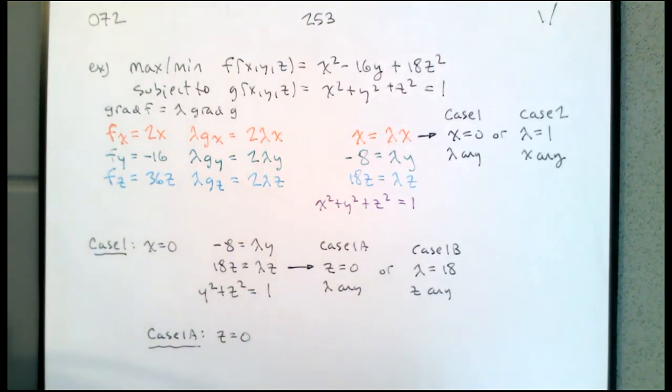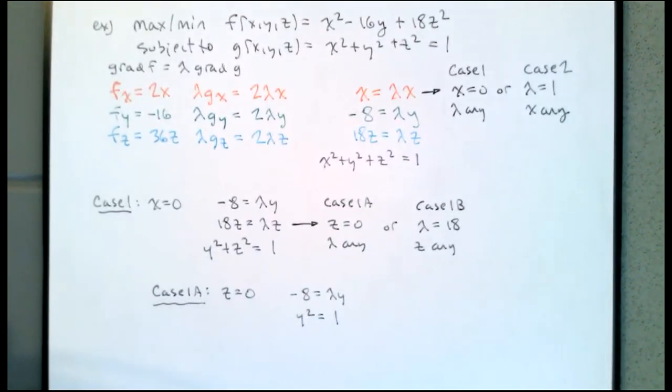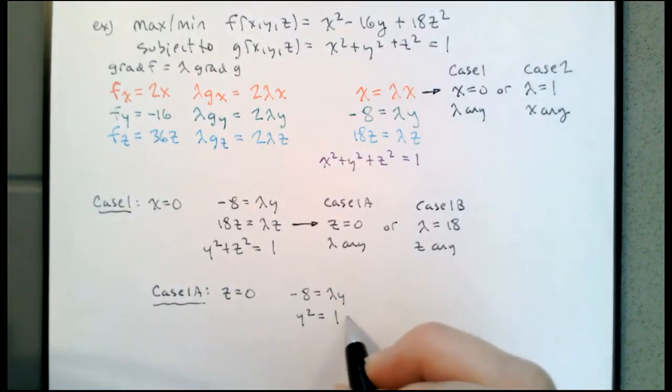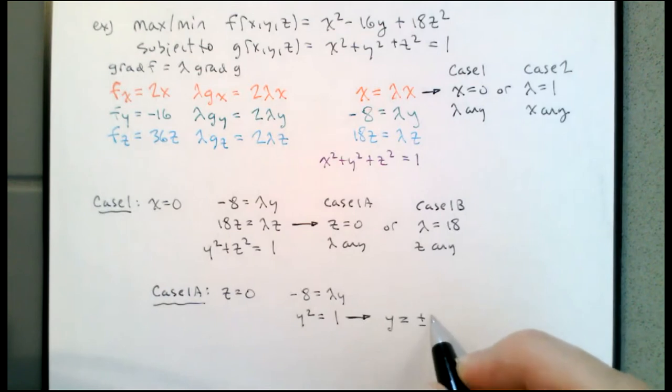If z is equal to 0, that means we get -8 equals lambda y. Z is equal to 0, so it takes out this second equation. And this third equation becomes y squared equals 1. If y squared is equal to 1, this tells us that y is +1 or -1.